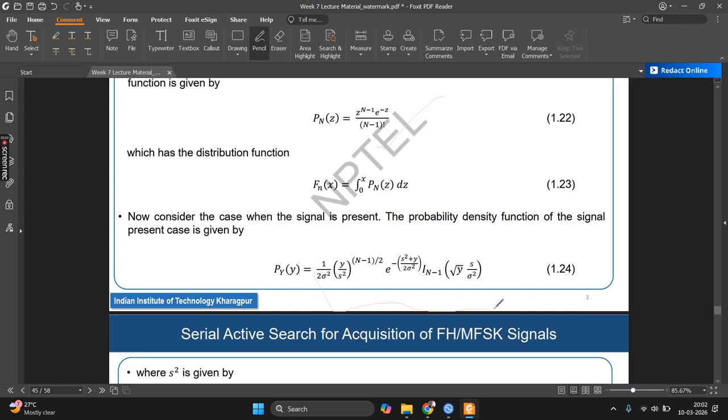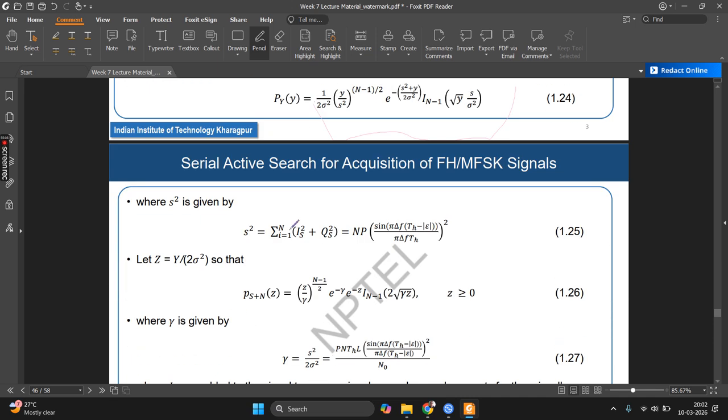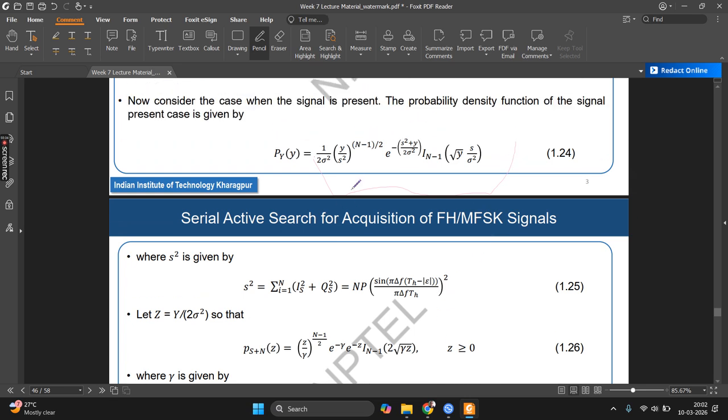Why is it scaled by S? Because the randomness is coming from the noise only. The noise was pure Gaussian once, but now it is Gaussian which is scaled by the signal.